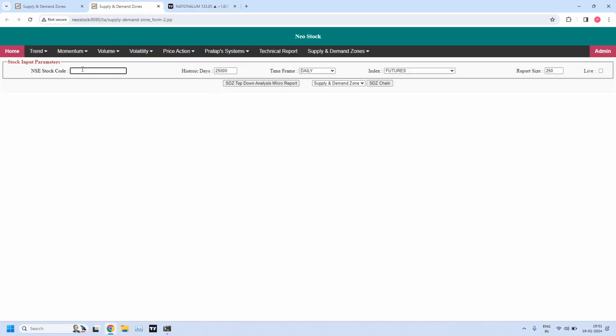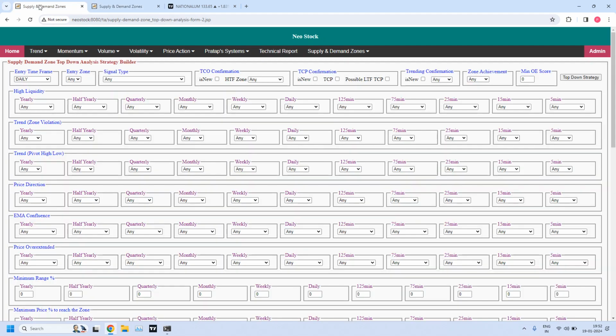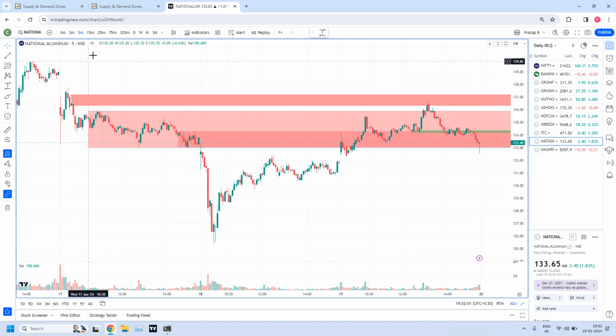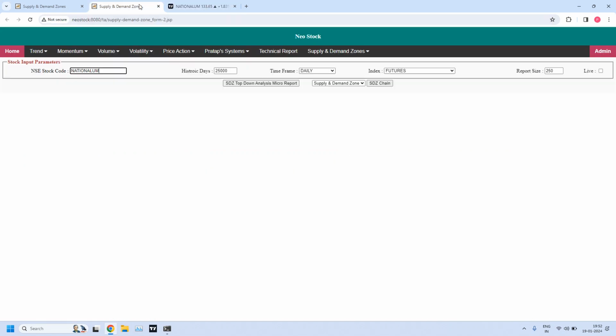From this demand supply zone chain, I entered National Aluminium, and the time frame is 5 minutes. So I selected the time frame as 5 minutes. For National Aluminium, 5 minutes, I want to generate the supply demand zone chain. So I clicked on the supply demand zone chain.